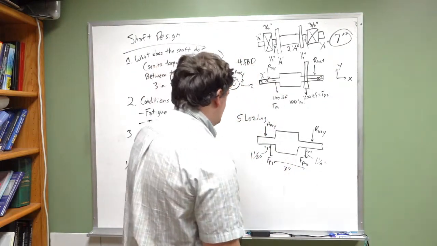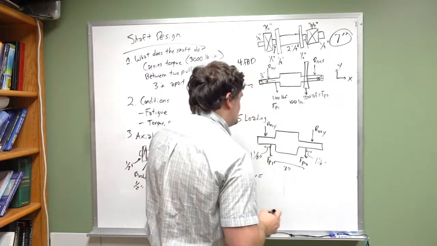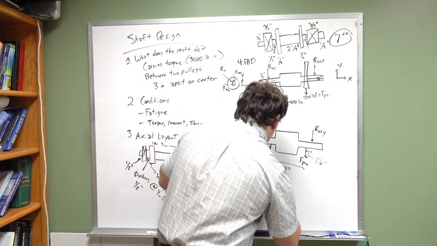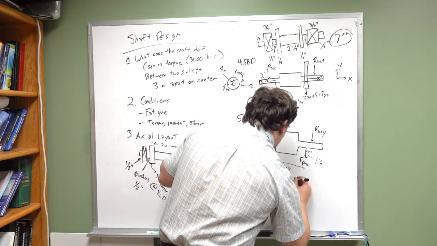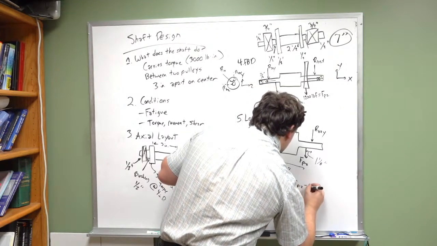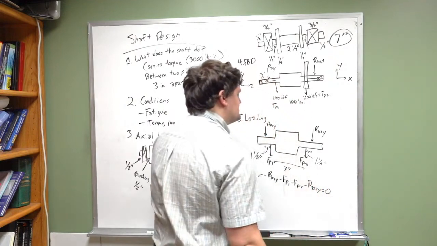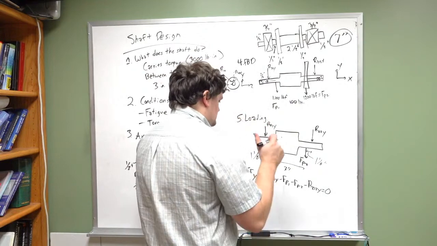Great. So we'll go ahead and sum the forces in the y direction, and that's equal to negative RB1Y minus FP1 minus FP2 minus RB2Y is equal to 0, because there's no vertical movement here on this shaft.